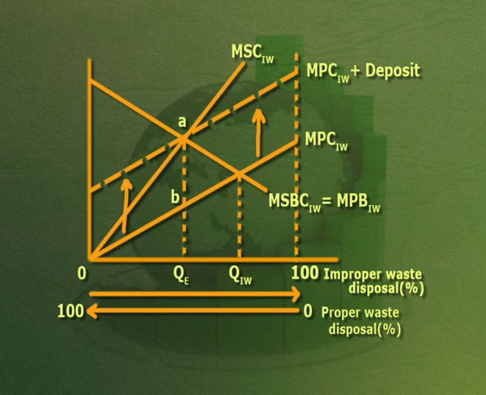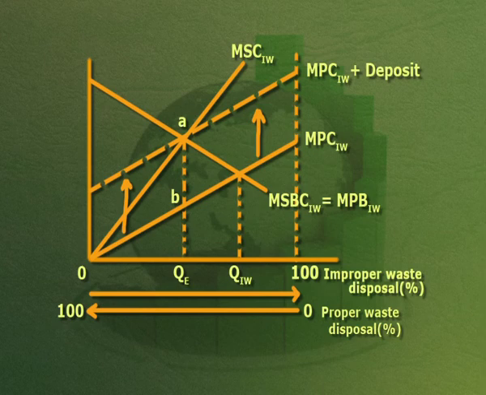Because we assume no external benefits in this case, MPB IW is equal to MSB IW. In the absence of environmental controls, equilibrium is determined by the intersection of MSB IW and MPC IW, or QIW. The efficient equilibrium occurs where MSC IW equals MSB IW, or at QE, which is smaller than QIW.